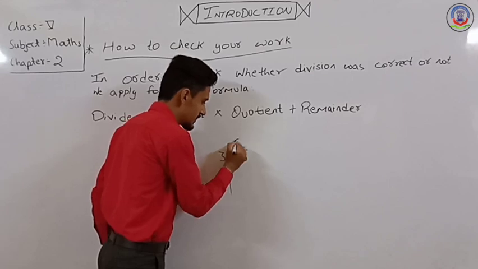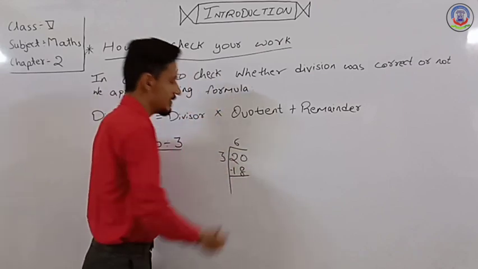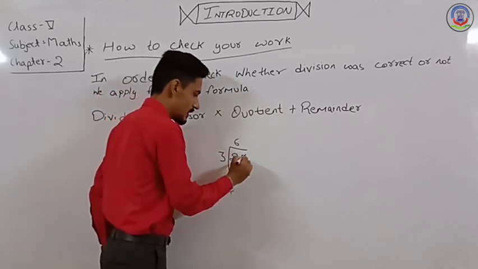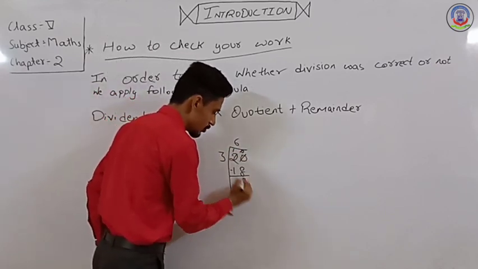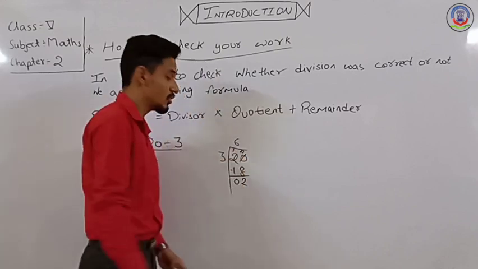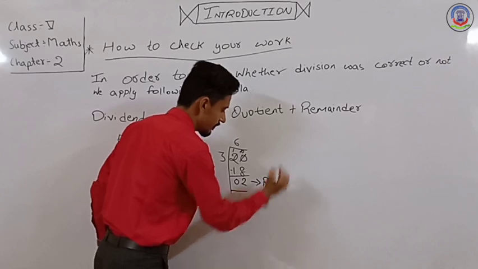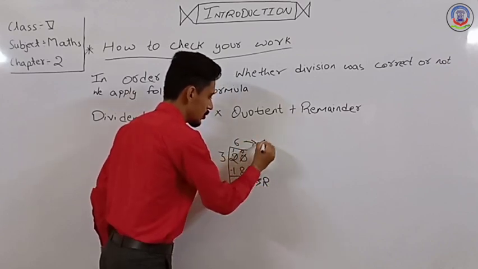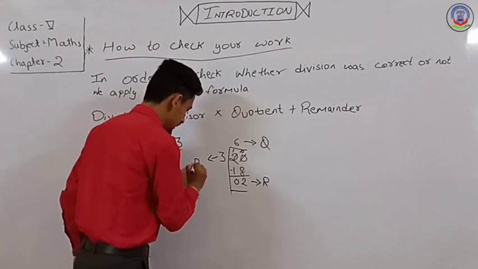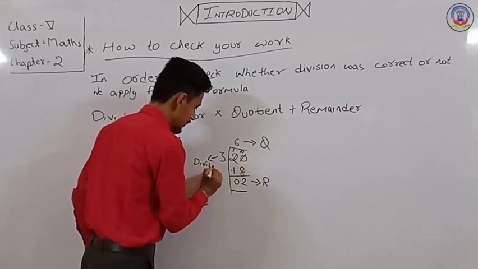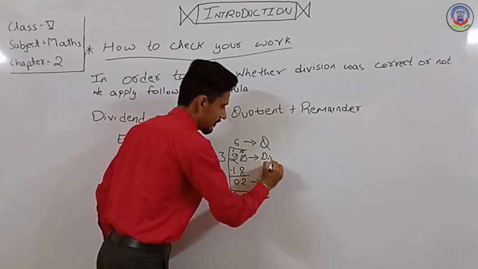So 3 sixes are 18. When we subtract, this comes 0 and this becomes 2. So this is our remainder, this is our quotient, this is our divisor, and this is our dividend.